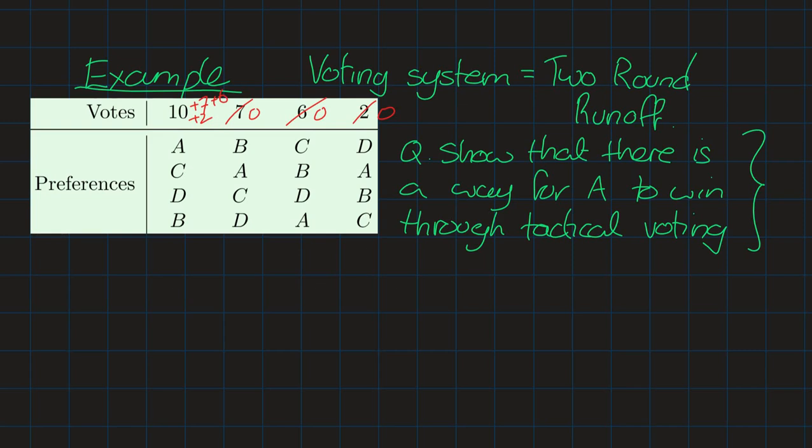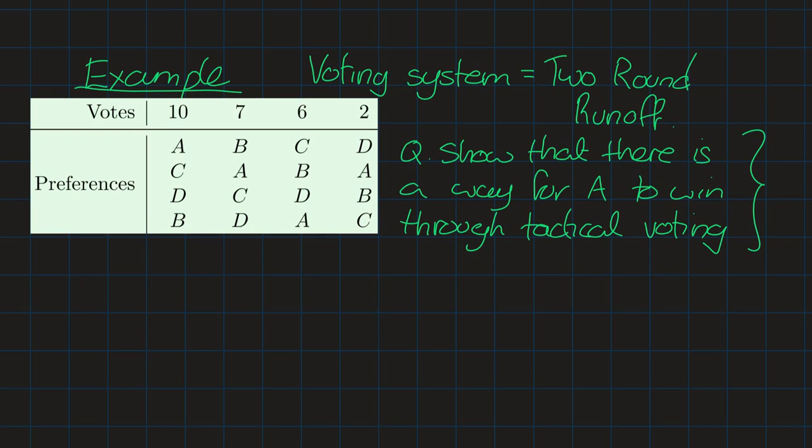That's just telling other people to vote for A. Tactical voting, remember, is when someone votes insincerely with the hopes of changing the election results to something which they prefer more. So, for example, you can't just move these 7 people over here, because unless that changes the outcome of the result to something which they prefer more, that's not tactical voting.